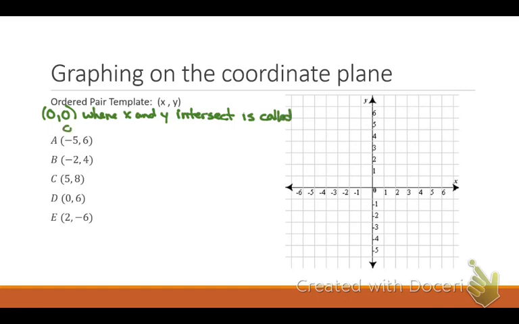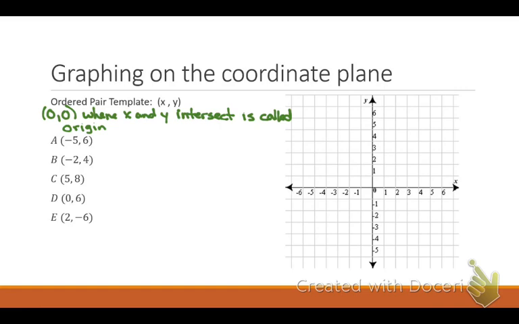All right, it's called the origin. And you're going to hear us talk a lot about the origin in today's lesson, because in order to determine if values are proportional, the line has to pass through that point, okay?